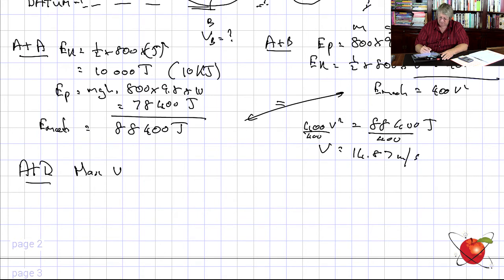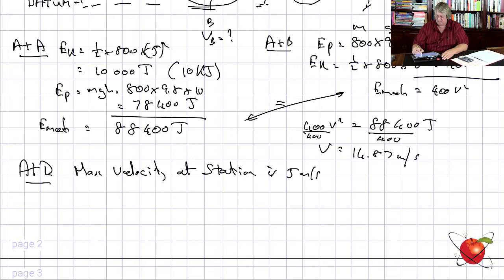Maximum velocity at station is, let's say, 5 meters per second. How high must the station be?